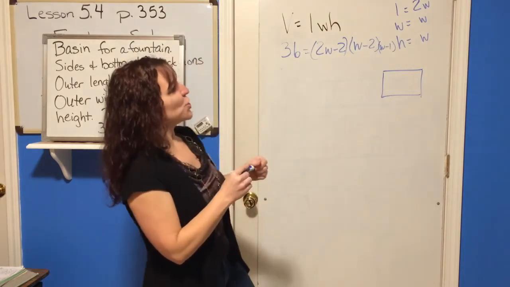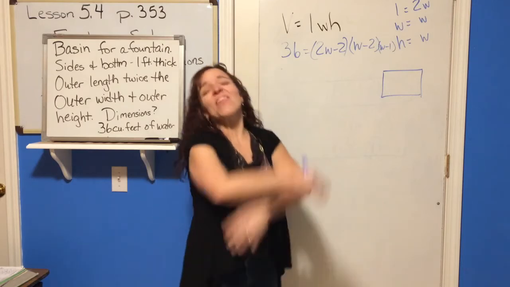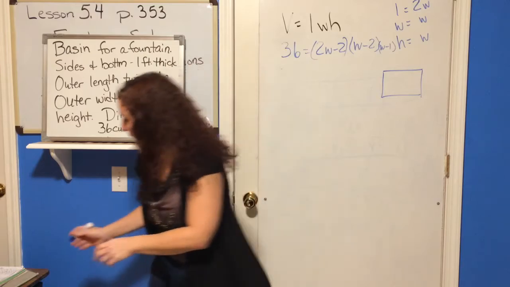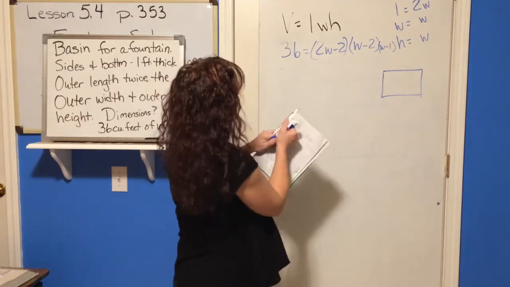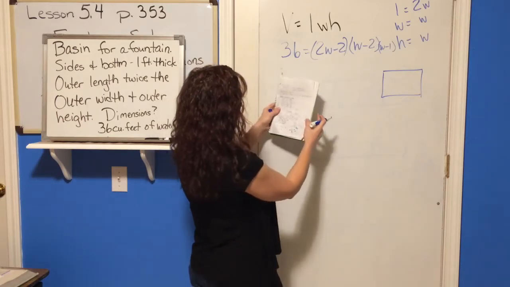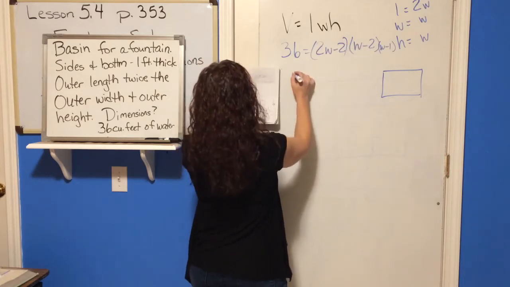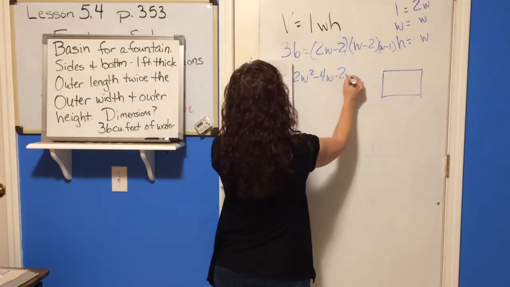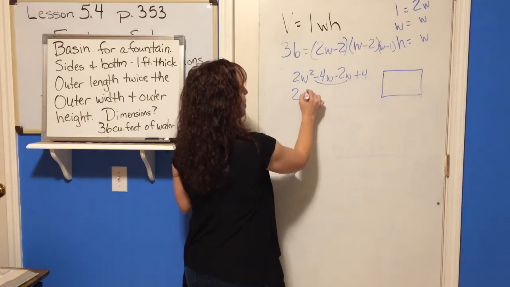So now to solve it, you've actually got to multiply through first and then divide back out. Oh my goodness. So you can do this. And actually, I think it'll go quicker if I just look at what I've already done. So if you multiply through your 2W minus 2, you've got 2W squared minus 4W minus 2W plus 4. And then you combine like terms.